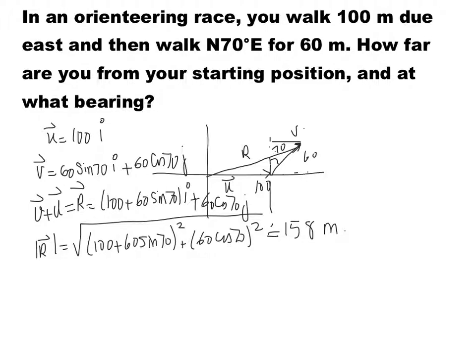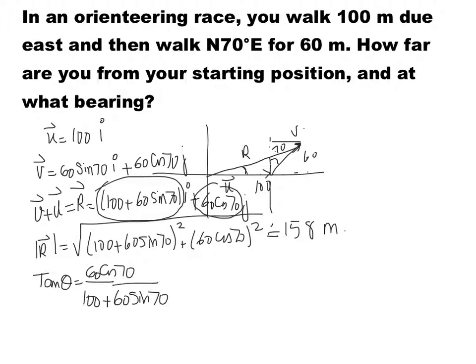And to find the bearing, I have to find this angle. This angle, you can see, is going to be tan theta is 60 cos 70, which is this one, divided by the i component, which is 100 plus 60 sine 70. This is going to give us approximately 7.5 degrees.